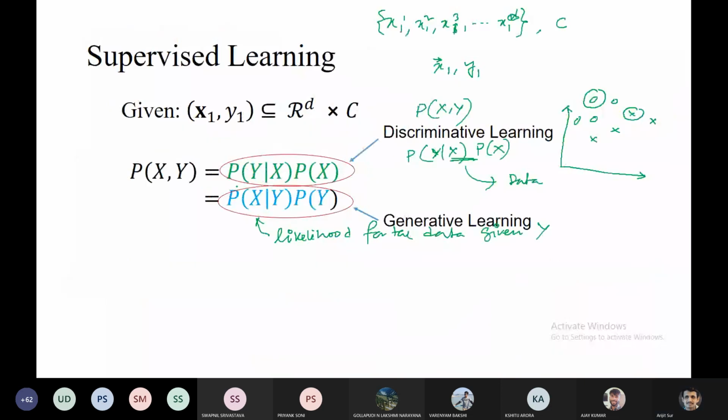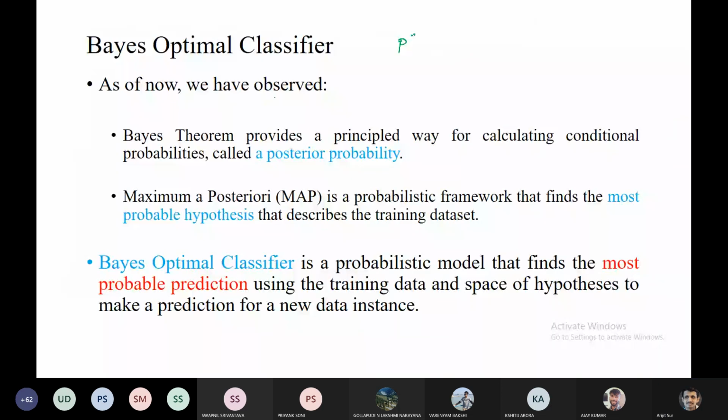This is the Bayes theorem, and this particular thing is called a posterior probability.